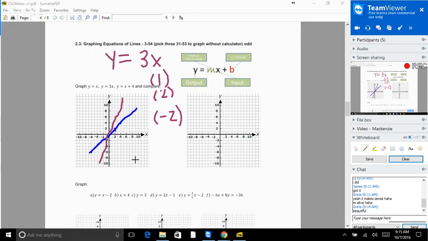So what do you notice about the two equations? We have y equals 3x and y equals x, the two that we've graphed. Well, the blue equation, y equals x, has a slope of 1, right? And the purple equation has a slope of 3.